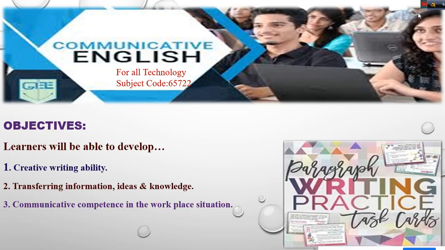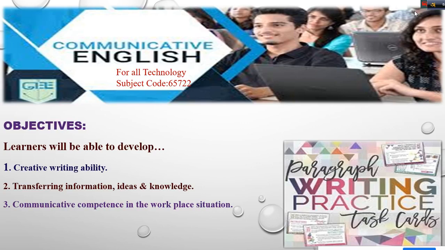Okay, all right. So far, I guess that you are watching the first slide, and usually what I say is that it is Communicative English, and the subject code is 65722. Ultimately, we have some objectives for starting this course.